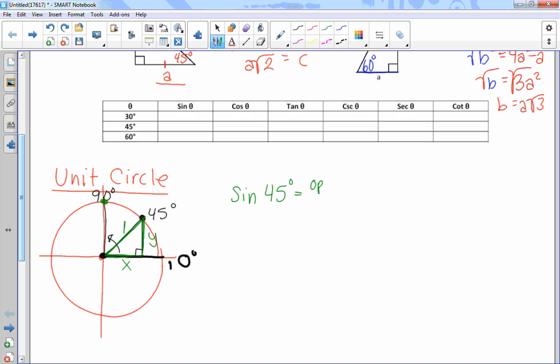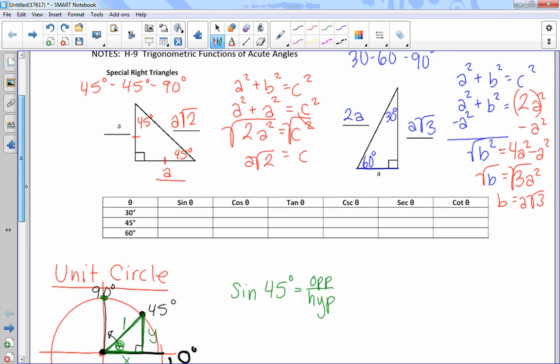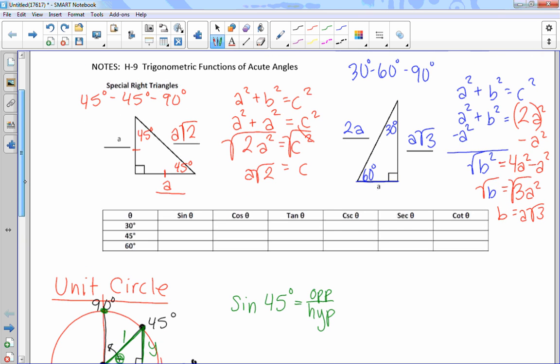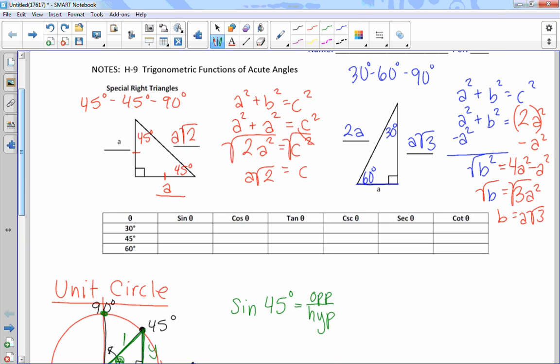Opposite over hypotenuse. Now for a 45-degree angle, our reference angle is down here. That angle opening up is 45 degrees. We're going to look at a special right triangle and come up with the sine of 45 degrees. So it's opposite over hypotenuse.